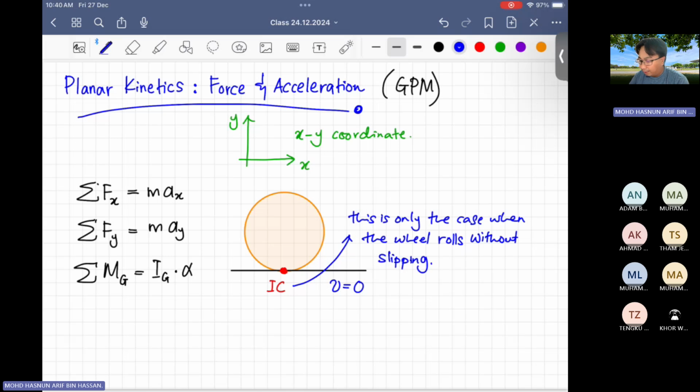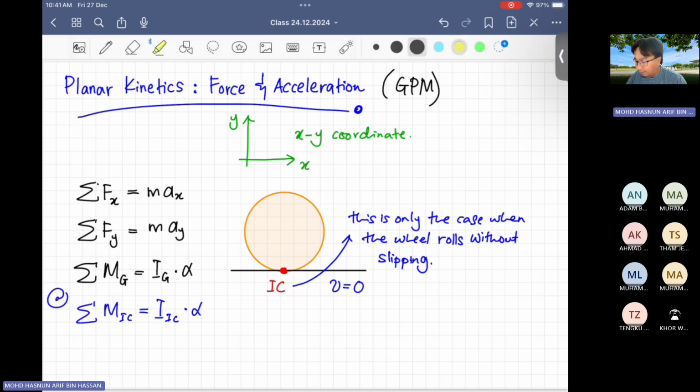So we can also calculate the moment about IC, which is then equal to IIC times alpha. One of the advantages of calculating the moment about IC is that you can eliminate unknowns, such as the friction force. For example, if the coefficient of friction is not given, then you can eliminate the friction force by calculating the moment about IC.